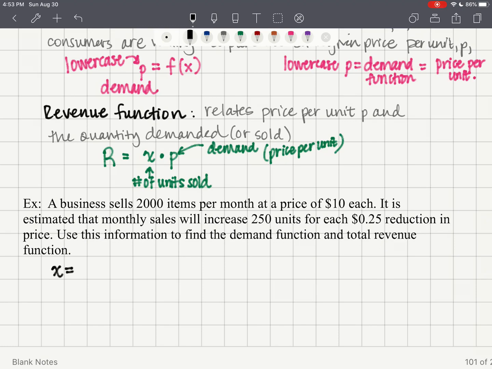Our number of units is 2,000 per month, plus it's going to increase 250 units for each 25-cent reduction in price. And the price is $10 each minus your demand. 10 minus your demand.